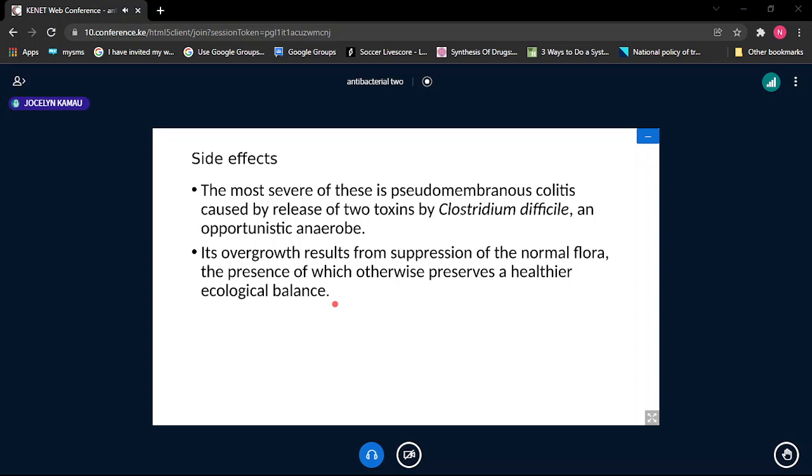So the most severe of this is pseudomembranous colitis caused by release of two toxins by Clostridium difficile, an opportunistic anaerobe. We are calling it opportunistic because under normal circumstances it will be kept in check. It will be there as normal flora within the GIT, because you know the GIT has a lot of microorganisms.